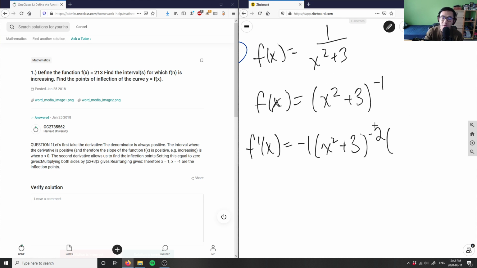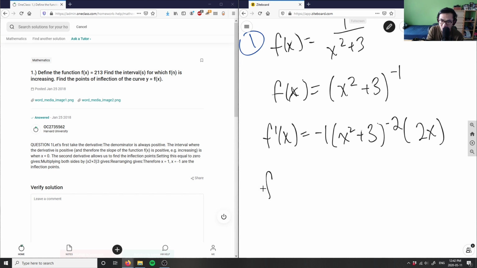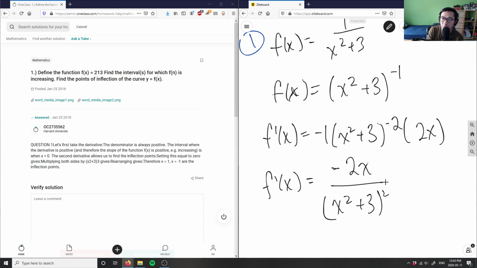The derivative of the inside here is simply 2x, right? And then this here is the derivative of this function. I can clean this up by saying this would be simply -1 times 2x. So I have negative 2x at the top, and it's going to be x squared plus 3 squared at the bottom, right? So this here is simply the derivative of my function.